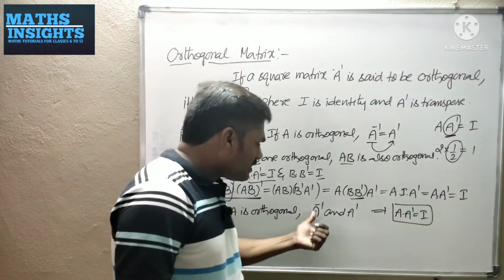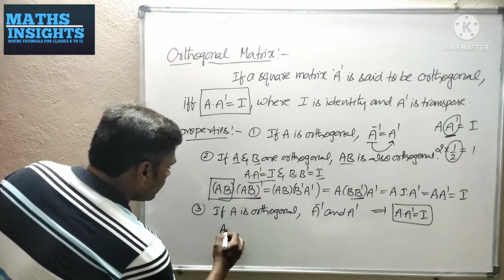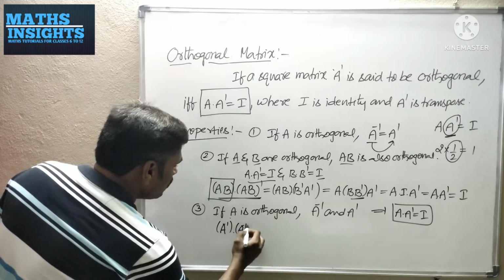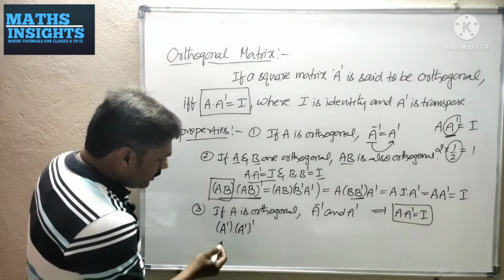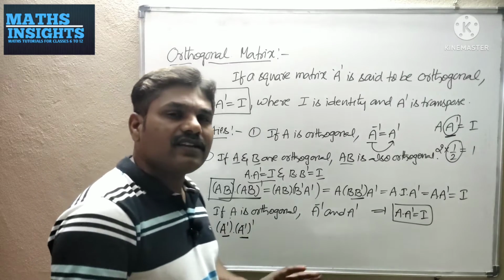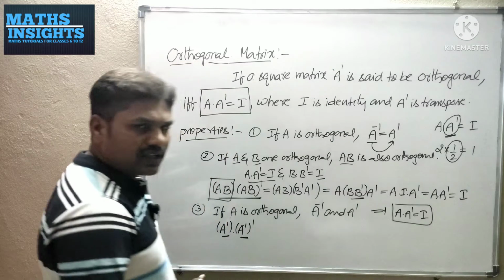So if you want to prove A inverse is also orthogonal, you have to multiply A inverse with A inverse whole dash. You have to multiply a matrix with its transpose, and if you get the identity matrix, then that is said to be orthogonal. I am verifying it.